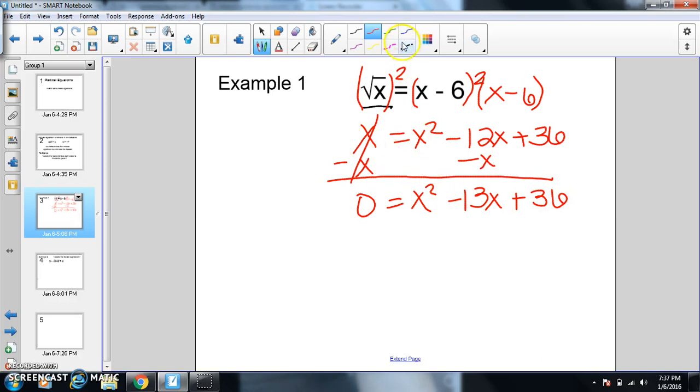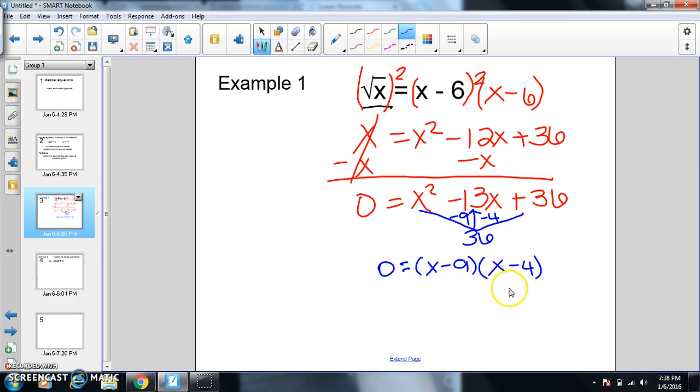We use our beautiful triangle method, or we think of two numbers that multiply to 36 and add to negative 13, and I get negative 9 and negative 4. So I'm going to go ahead and write that in factored form. x minus 9 times x minus 4 is equal to 0.